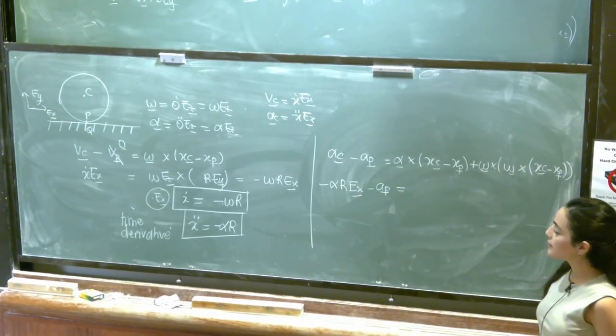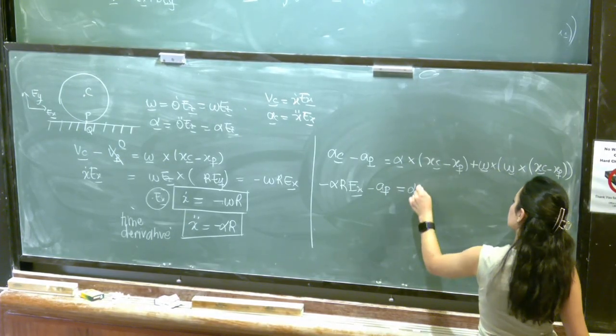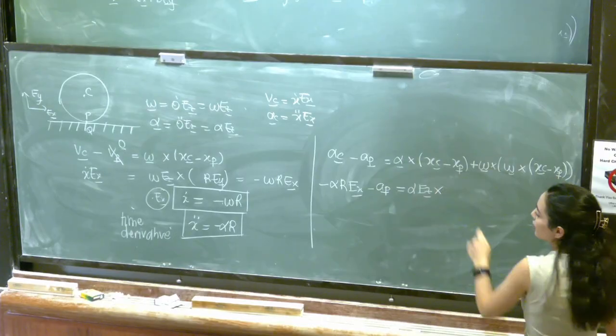Minus AP is equal to alpha EZ cross XT minus XP.